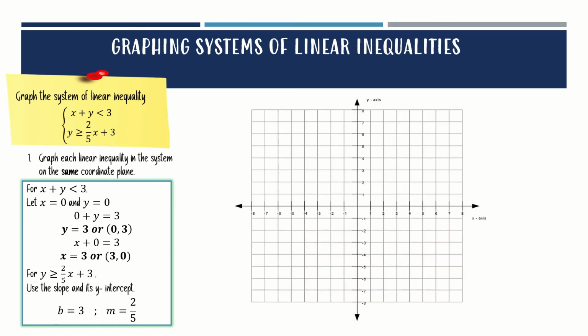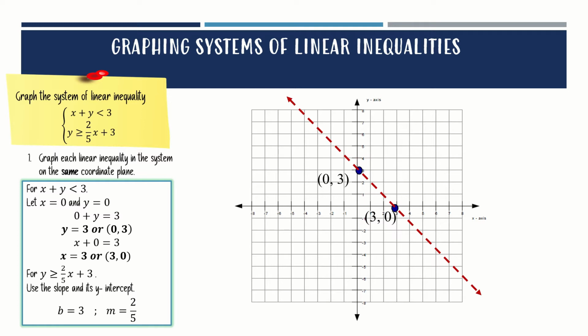Let us now graph the first inequality first. So we have 0, 3 for the y-intercept and 3, 0 for the x-intercept. For the boundary line of x plus y less than 3, we will use broken line since the inequality symbol is less than. Next, we will use a test point to know the shaded region or shaded area of the inequality x plus y less than 3.